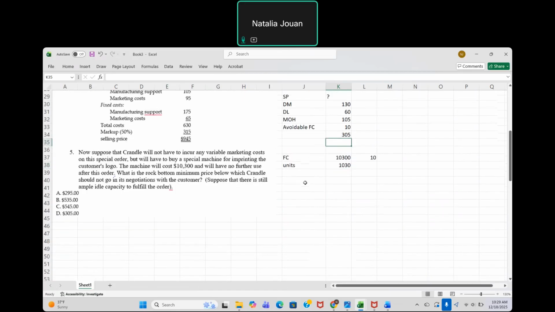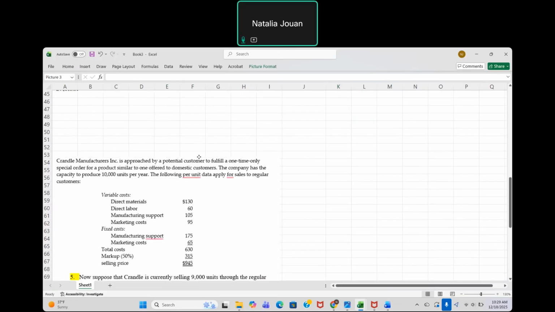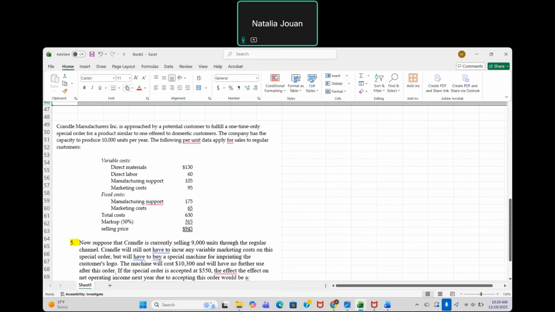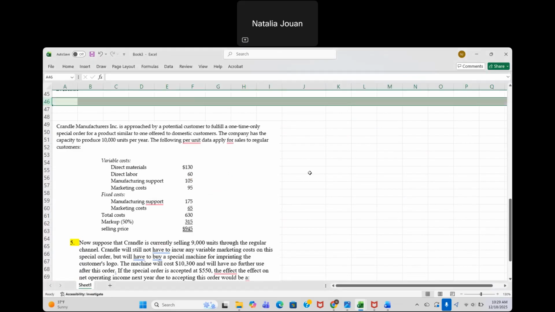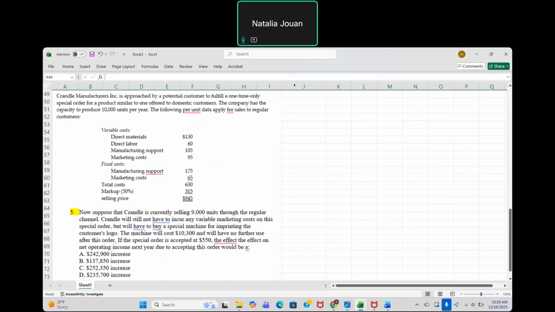All right, now the last one. Now we are probably going to be compromising capacity. Let's see. In this case, we have, again, capacity of 10,000 and normal sales now are 9,000.